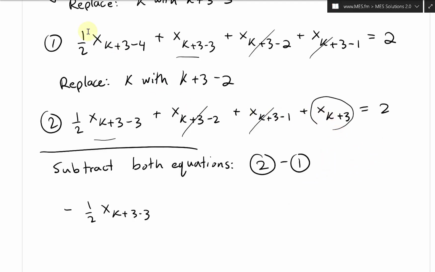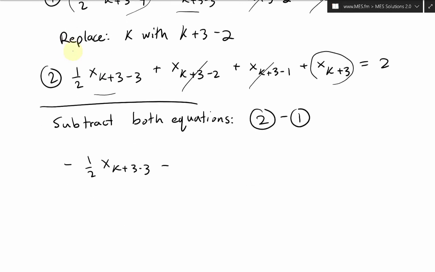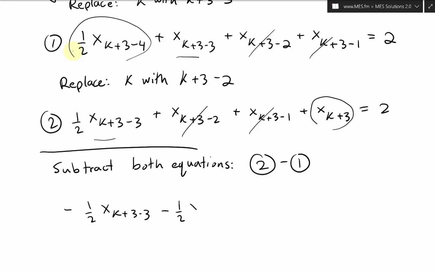Well, actually, before we get to that, we have this one here. So we have this, and we have this right here, but we're subtracting that. So we'll just subtract it. 1/2 x_{k+3-4}, and then plus this. Plus x_{k+3}, and then 2 minus 2 is just 0, like that.